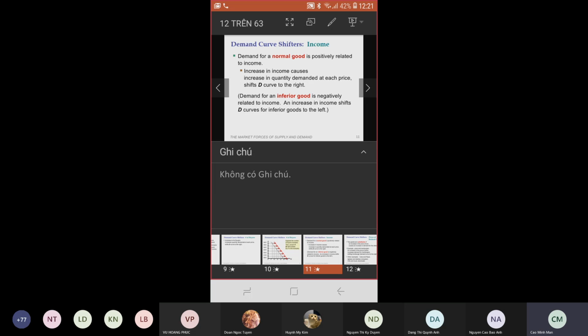But for the low quality goods, low quality products, they have a special name: inferior goods. Inferior goods.